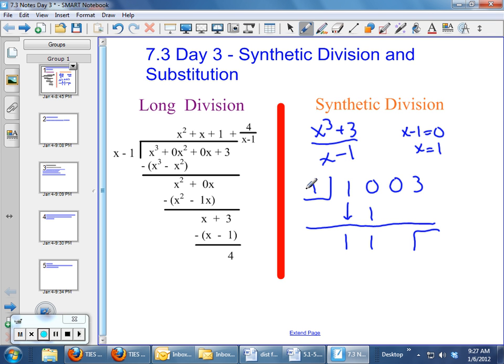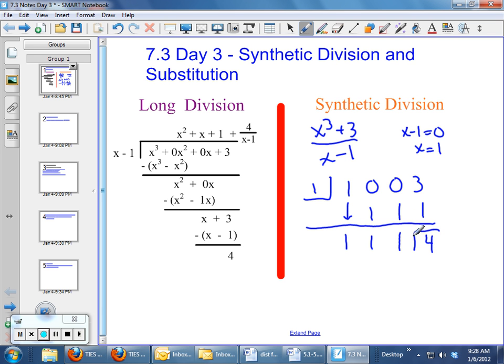Alright, now we repeat. 1 times 1 is 1. We place that number up here. 0 plus 1 is 1. And then repeat that again. 1 times 1 is 1. Place that here. 3 plus 1 is 4.